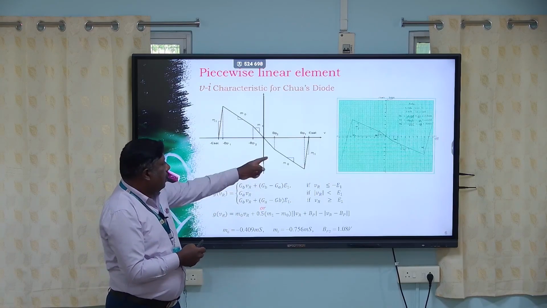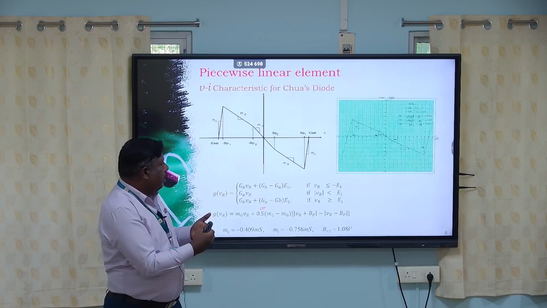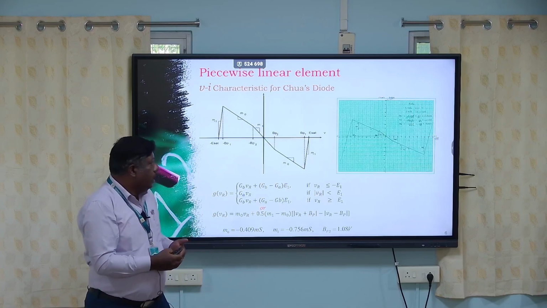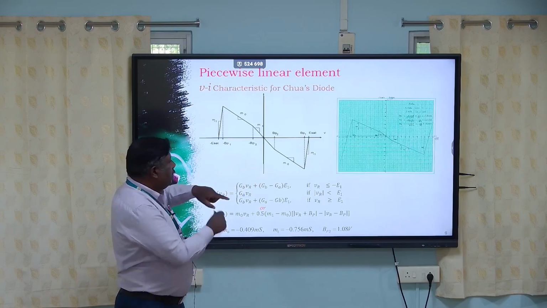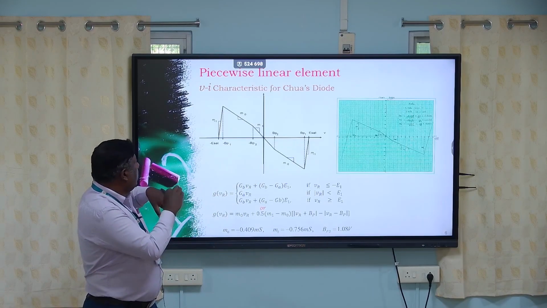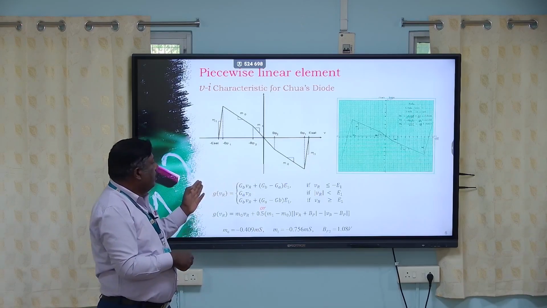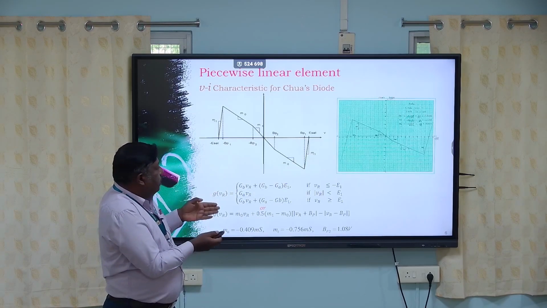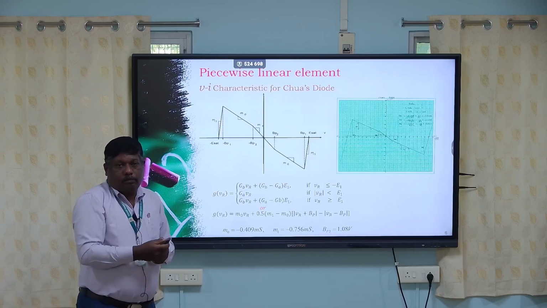The other graph is shown. We took the data from the lab and plotted by hand, taking the x-axis as voltage and the y-axis as current. We got the experimental result obeying the theory also.